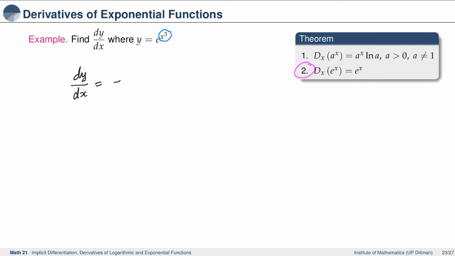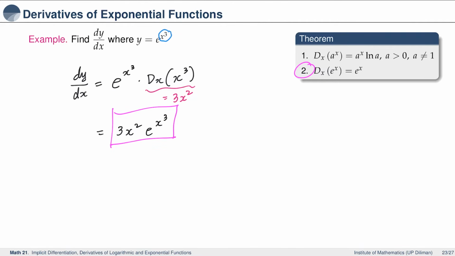That gives us e to the inner function, x cubed, times the derivative of that inner function, which is 3x squared. Therefore, the derivative of y with respect to x is 3x squared times e raised to x cubed.